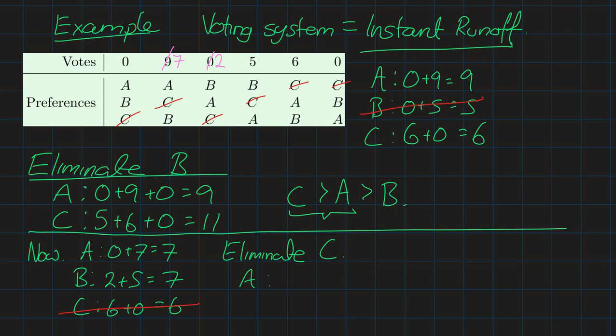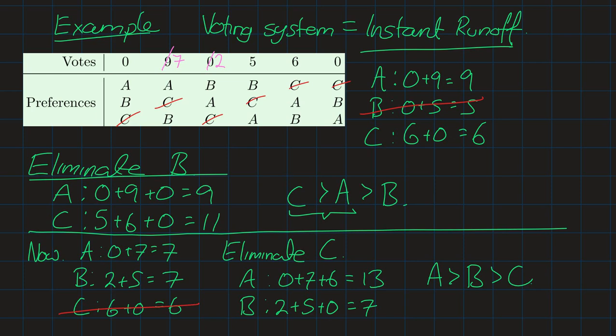A is going to have 0 plus 7 plus 6, which is 13. And B is going to have 2 plus 5 plus 0, which is 7. So the new social ranking is A beats B beats C.